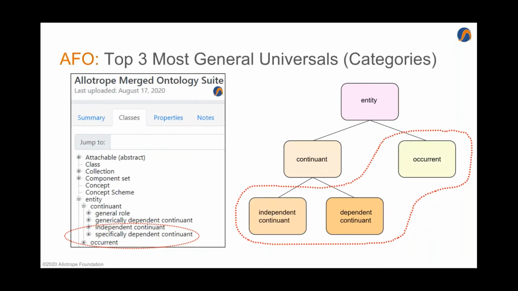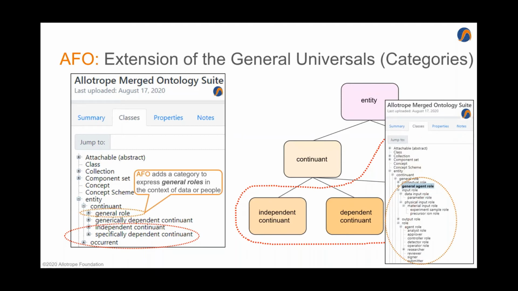And if we are now looking at the AFO, we see those three top categories. We see the entity, continuant, divided into independent continuant and dependent continuant, and occurrent. AFO adds a category to express general roles at the top in the context of data or people.